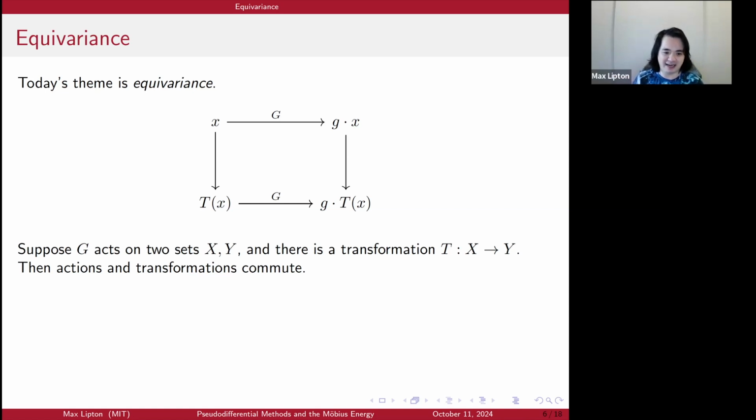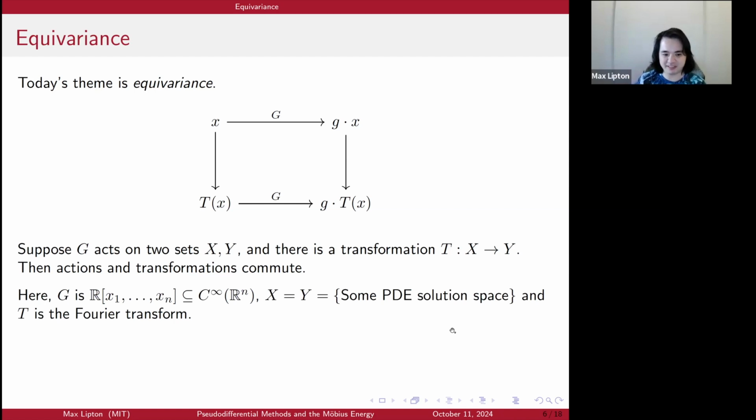Equivariance means that the actions and the transformations commute. So that is, this commutative diagram indeed commutes. So we can either act upon our object and then transform, or we can transform and then act upon our object. So in this specific context, G is the polynomial ring, which is a subset of the space of smooth functions.